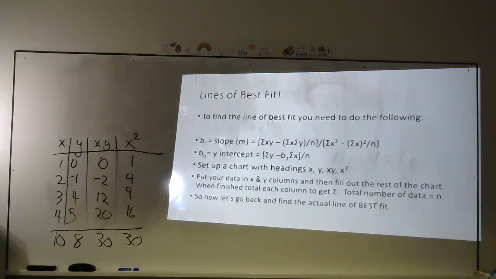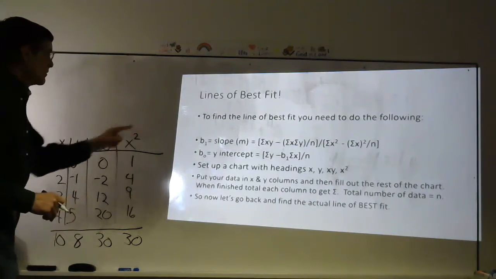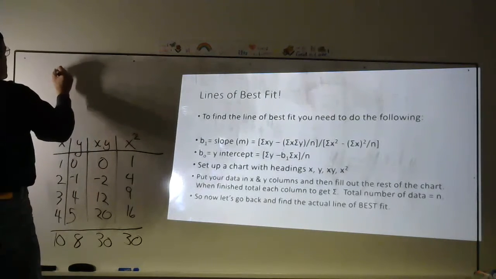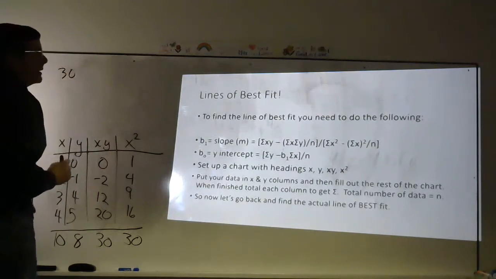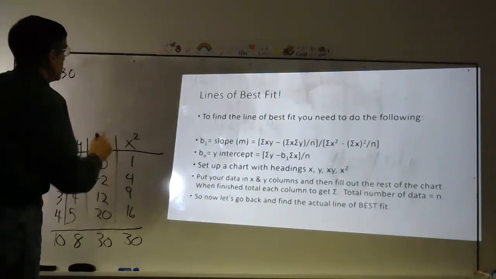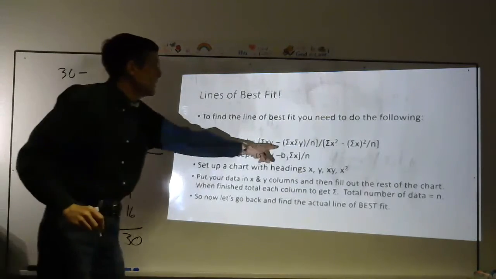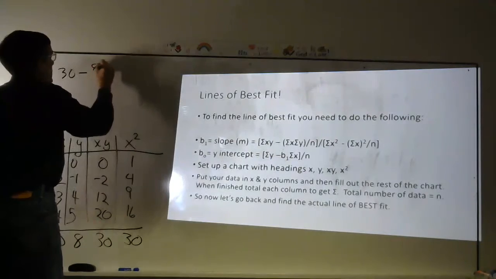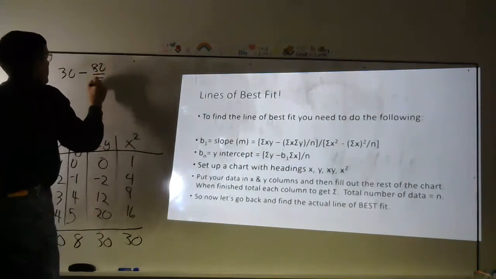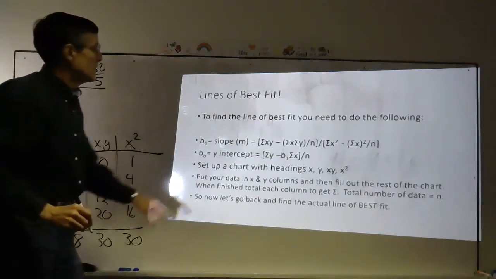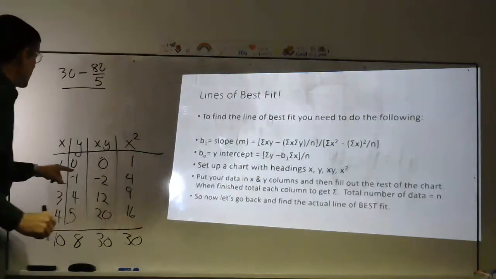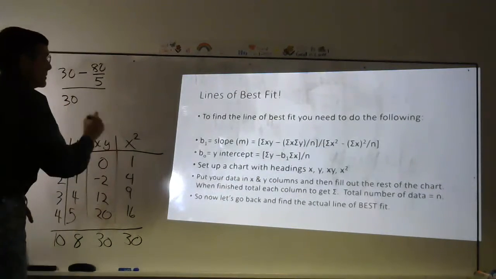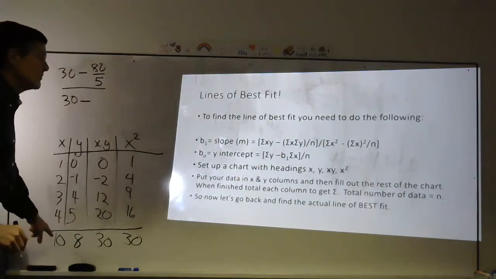All right, for the line of absolute best fit, let's do the slope first. The summation of the xy's is 30. So we have 30 minus the summation of the x's times the summation of the y's, which is 80, divided by 5, over the summation of the x squared column, which is 30, minus the summation of the x's squared.